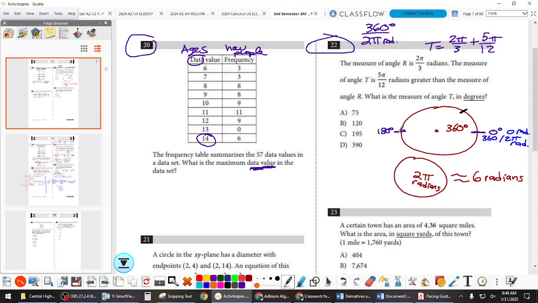So how many radians would we be here halfway across? 1 pi, right? If it's 2 pi to get all the way around, it must be 1 pi to get halfway. Okay, everybody with me so far?